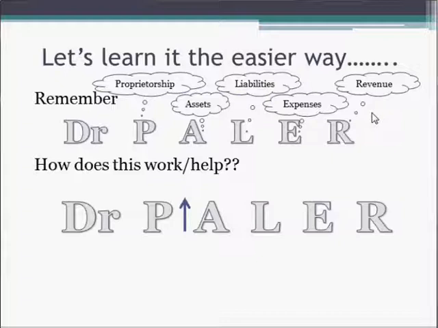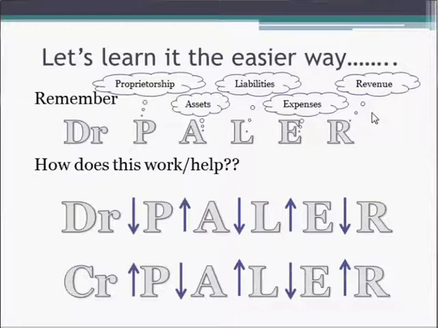By doing this, we can make a pattern by showing that owner's equity decreases, liabilities decrease, expenses increase, and revenue decreases. As you see, there's a pattern there. And the opposite goes for credit. For equity or proprietorship, it increases, assets decrease, liabilities increase, expenses decrease, and revenue increases.